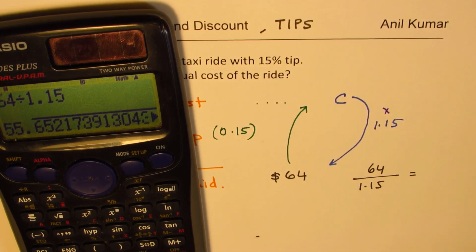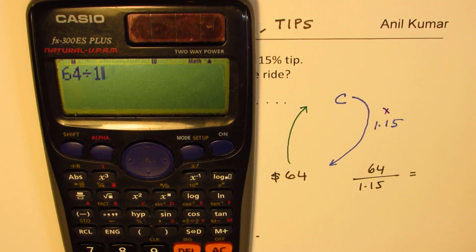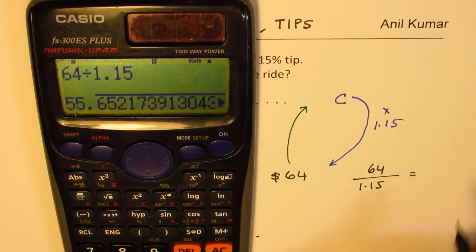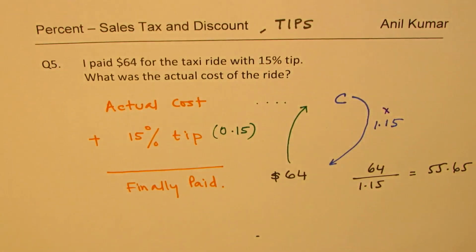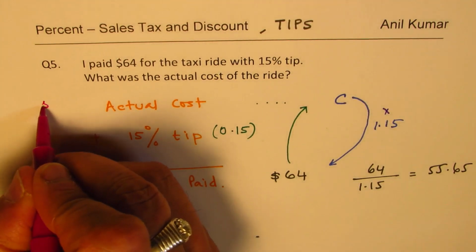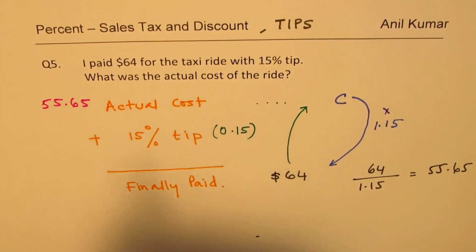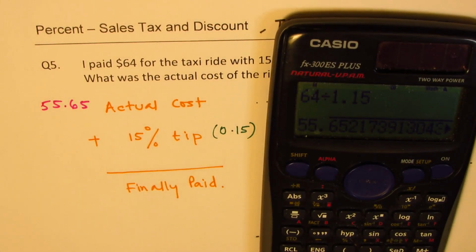Let's do it again. So I paid $64. Okay, 64 divided by 1.15 is giving me 55.65. Okay, we'll keep this. So what we can do is kind of do a reverse calculation also. So we have done this. Now let's figure out if this price is 55.65, then what is 15% on this? So we are trying to check our result, right? So we have 55.65.